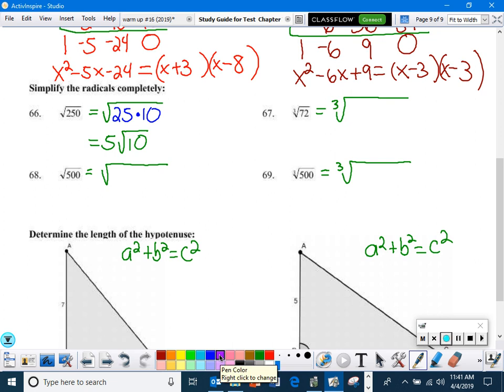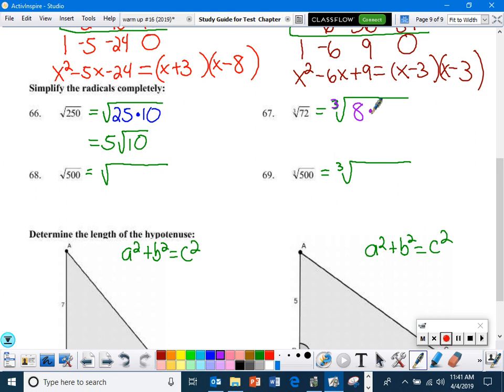Number 67 is a cubic root. So what perfect cube will go into 72? Okay, think about your cubes. 2 cubed, 3 cubed, 4 cubed. Well, you should figure out that that is an 8. 8 is the perfect cube.